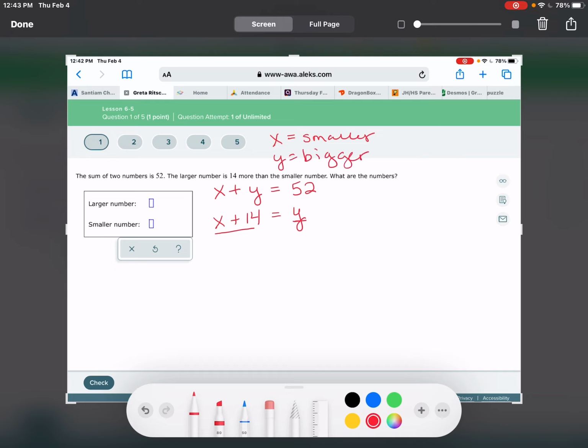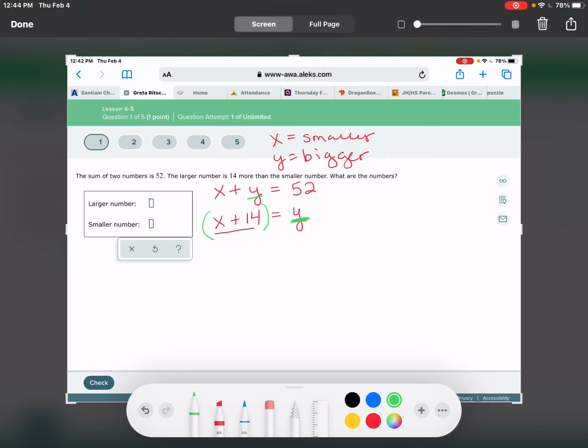All right, so now we can use any of our techniques that we want to. And I'm looking at this one going, look, one of the equations is already solved for one variable. So I have something that I can substitute in the other equation. I'm going to substitute x plus 14 into y in the other equation.